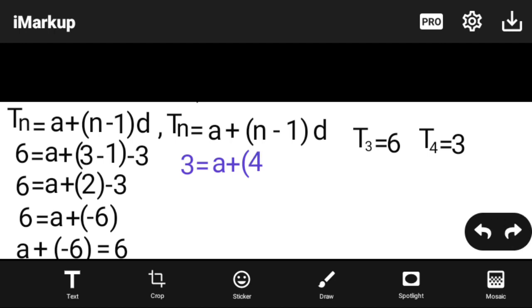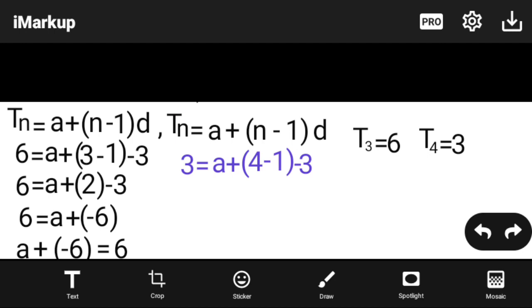So you put 4 minus 1, then cross bracket, then the common difference we know is negative 3. I showed you how the negative 3 had come about. So that is negative 3.